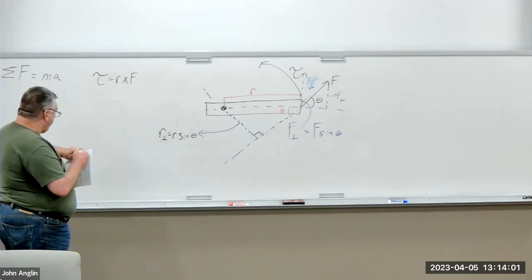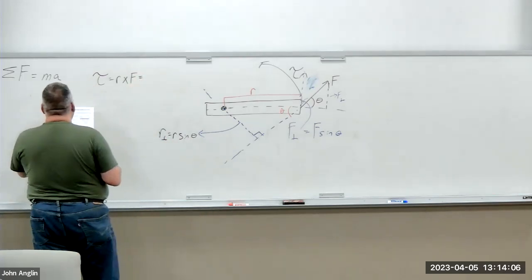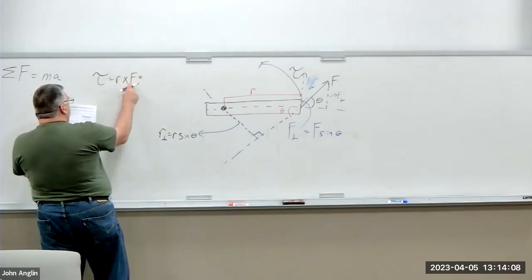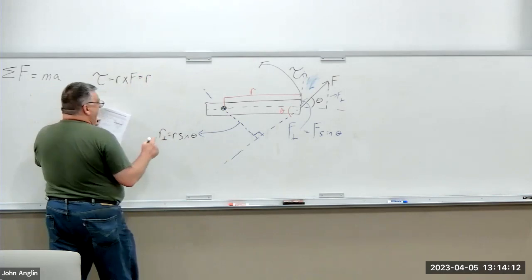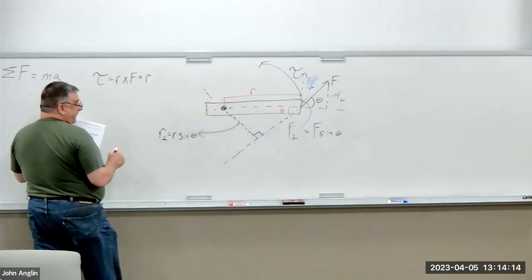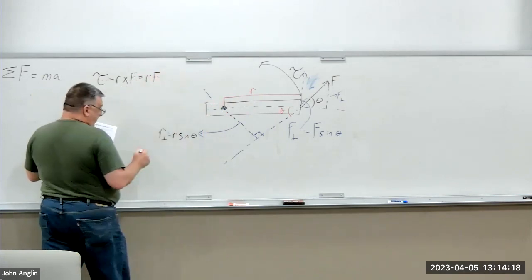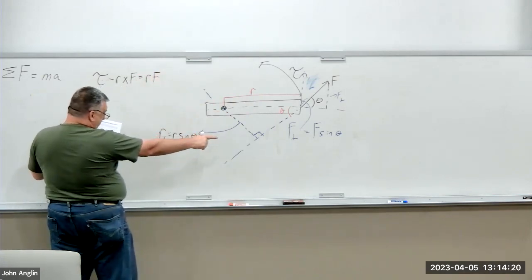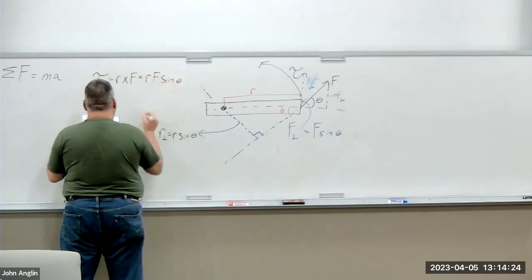So our cross product here, what we end up with, R cross F, has got to be the same as our R, just our length to the pivot point, times our perpendicular F, F perpendicular, which is our F sine theta.